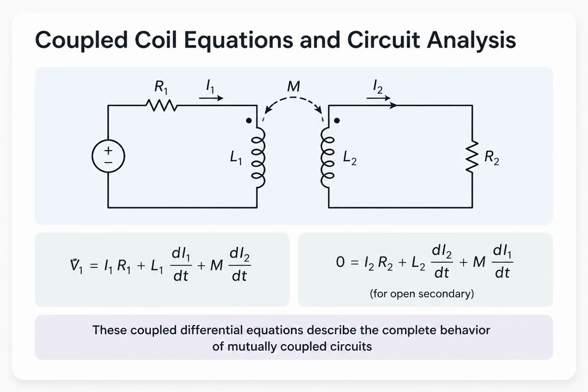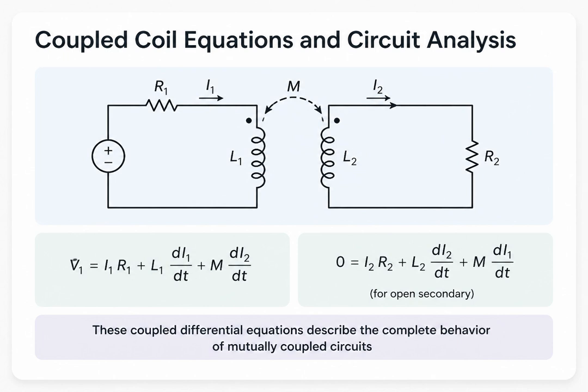The complete behavior of mutually coupled coils is described by a system of coupled differential equations. In the primary circuit, the applied voltage equals the sum of the voltage drop across resistance, the self-induced voltage, and the mutual induced voltage from the secondary. In the secondary circuit, the sum of the resistance drop, self-induced voltage, and mutual induced voltage must equal zero if the secondary is open-circuited.